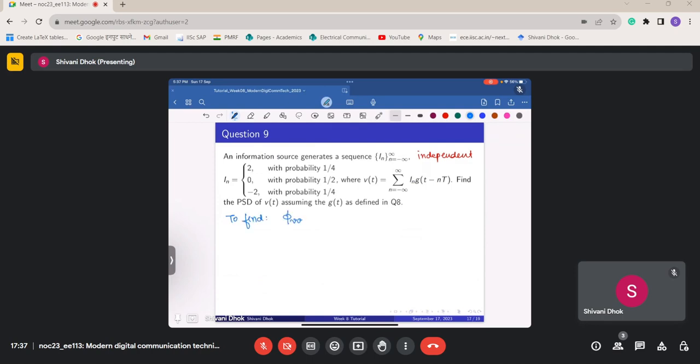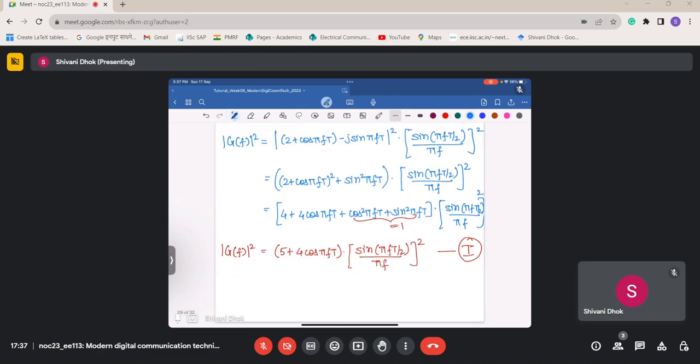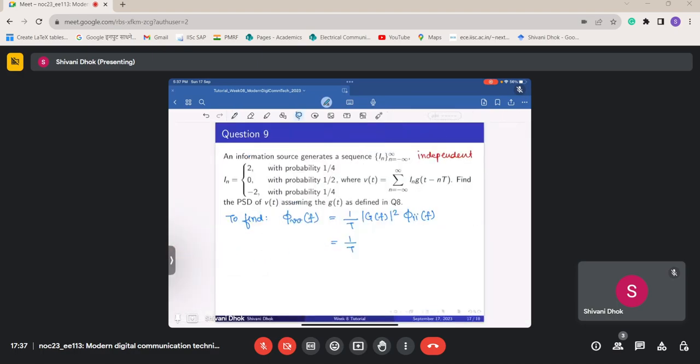Okay, so what we need to find is phi vv of f, which is simply 1 by capital T, magnitude of G(f) square, into phi I of f, and this is nothing but 1 by T multiplied by this quantity. Let me write it down so that I have a good amount of space.